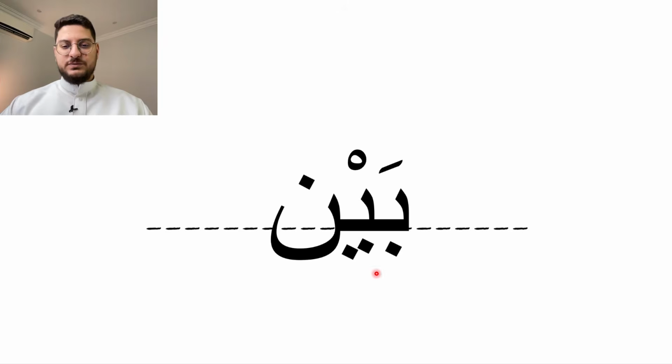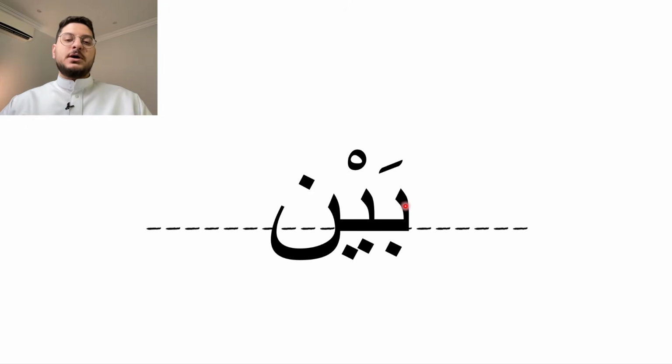Let's look at the next one. What do I have here at the beginning? Again, I have one dot below, so that's ba. What do I have next? I have two dots below, so that's ya. And the ya here has this circle, and we call this circle sukoon, by the way. So the ya has this circle in here, which means it's not ya, it's not yi, it's not yu, it's just ay.